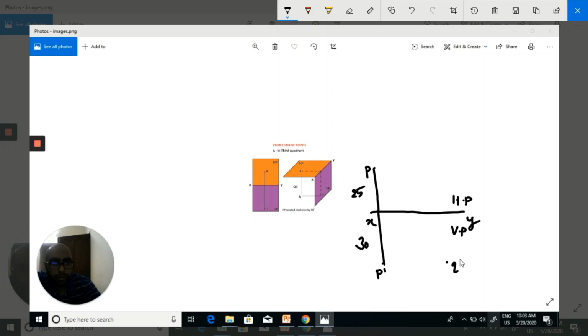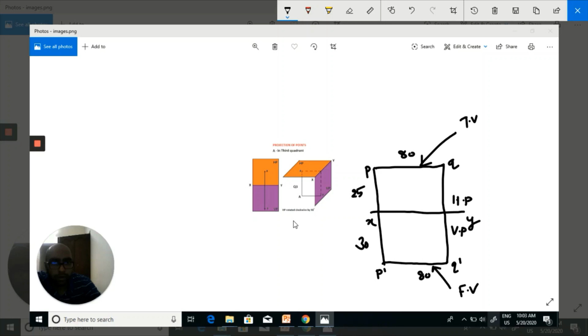The second part of the question is that point Q will be 80 mm apart. So this is 80. This is Q dash, and here also you draw a straight line 80 mm. So this is Q. This is your top view and this is the front view.